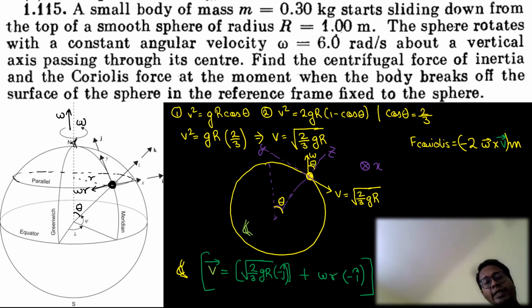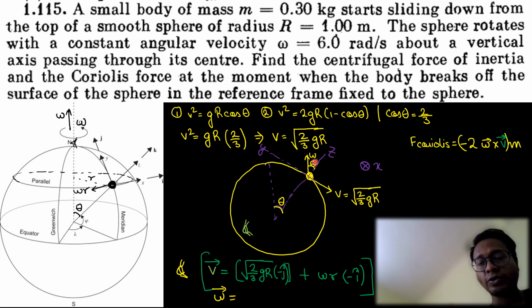This angle will also be theta. Understood? So can I write omega vector as how much? I'm writing omega vector in this coordinate system x, y, and z.